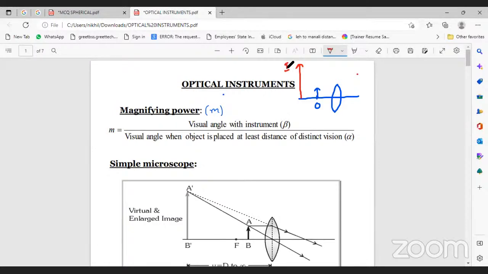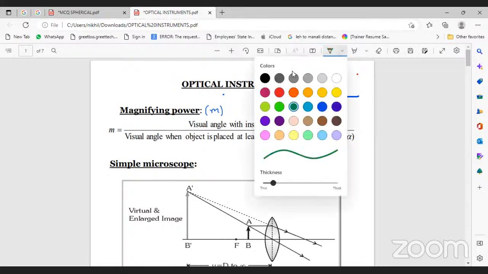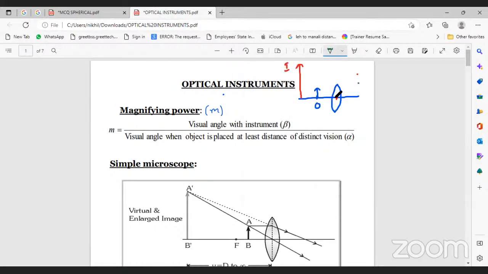Keeping the eye at the optic center, if I draw the ray for the image, somewhere you get it here.